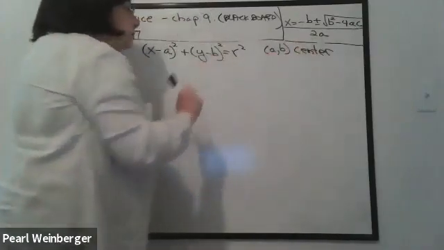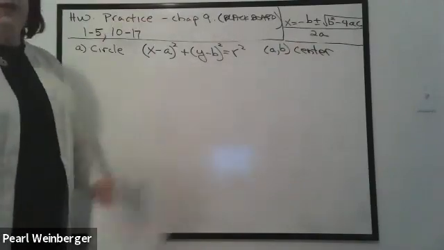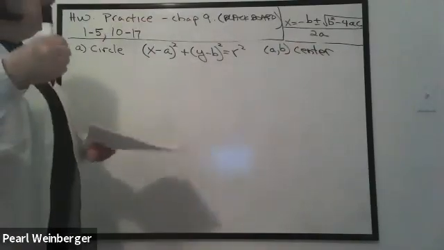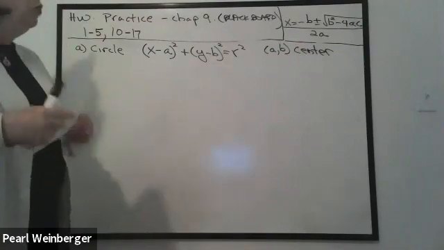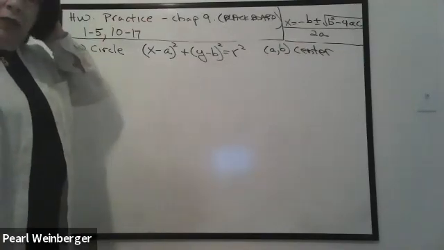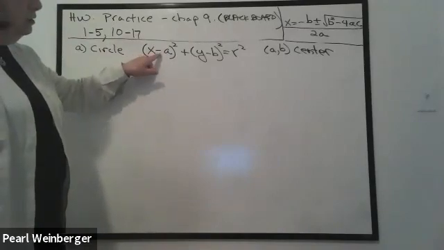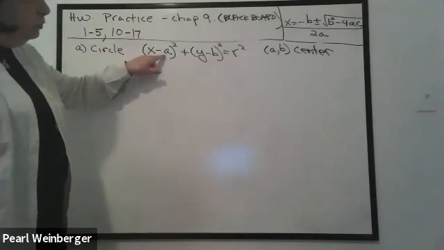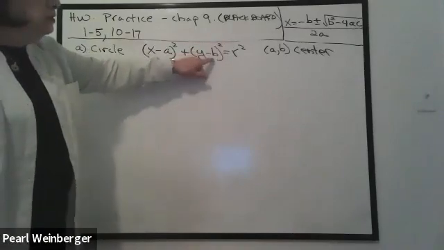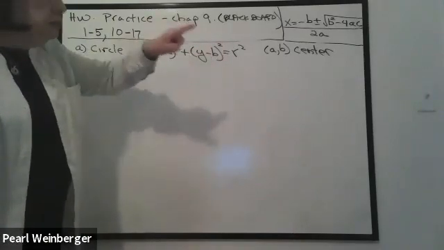And the number that's inside the parentheses with the y, which is called the b, will give us the y of the center of the circle. Notice, but it's just the opposite signs. If this is minus 2, then the a is 2. If this is plus 1, then b is minus 1.